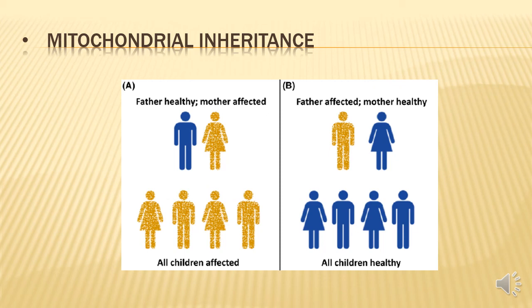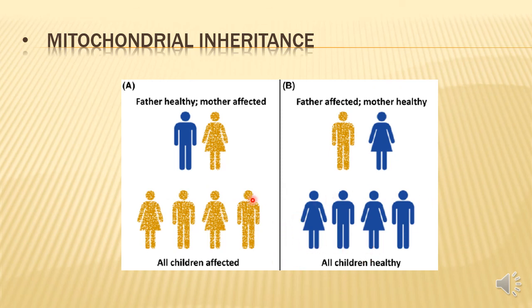In the first example, what has happened to the children? Both sons and daughters are having the mitochondrial disease. So what has happened to the children in the second example? Here all the children are healthy.